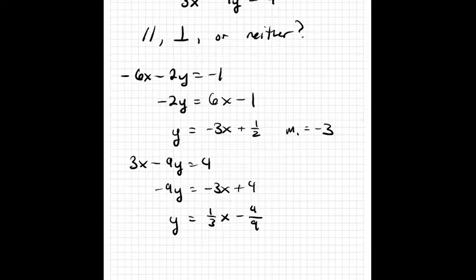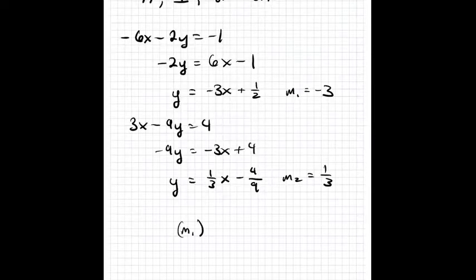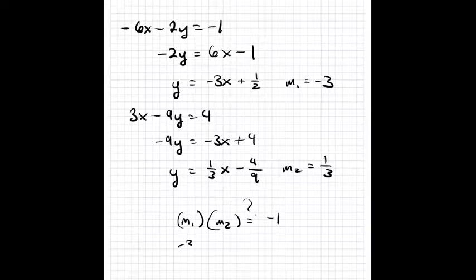Notice that, is it the case that slope 1 times slope 2 equals -1, right? So if we say -3 times 1/3, indeed it equals -1, it checks out. So then we would say that these two lines are perpendicular.